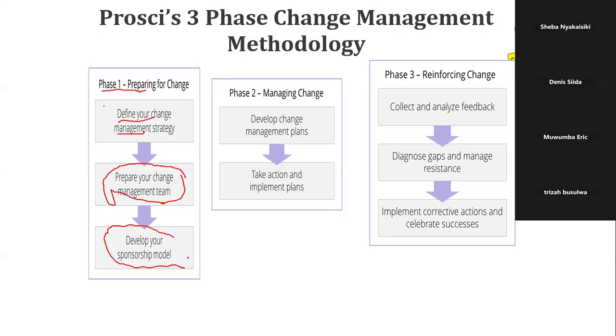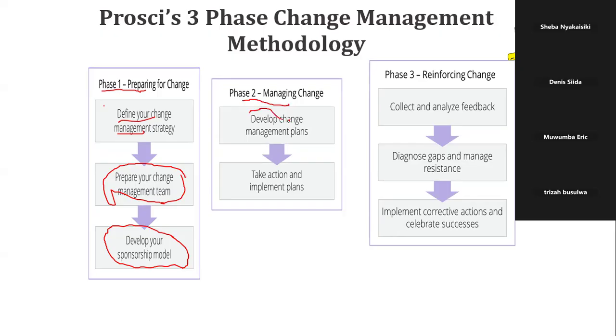Then you develop a sponsorship model. So a sponsorship model is extremely important because these are the key people in the areas where the impact is going to be made that are going to help promote that change in the different sections where this change is going to happen.